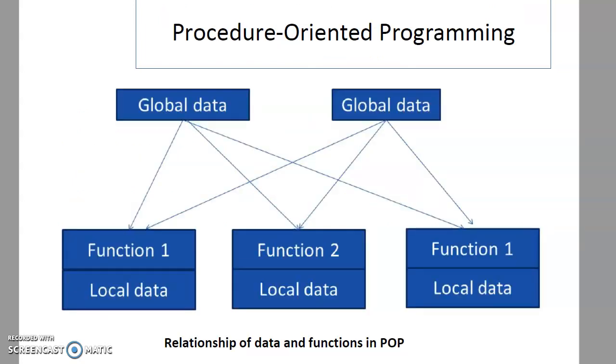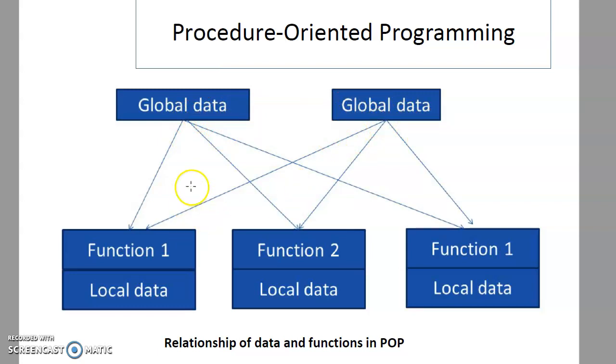This is a diagram showing the relationships between the functions in a procedure-oriented programming language. An example of the language can be the C language. There are functions, and they have their own local data also, and they share all the global data of the particular program.